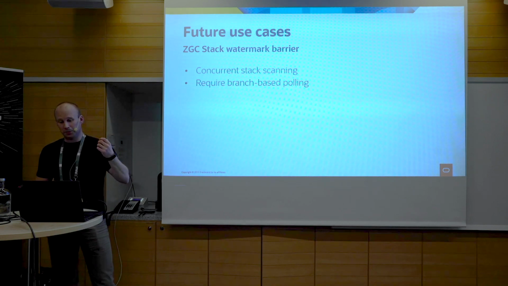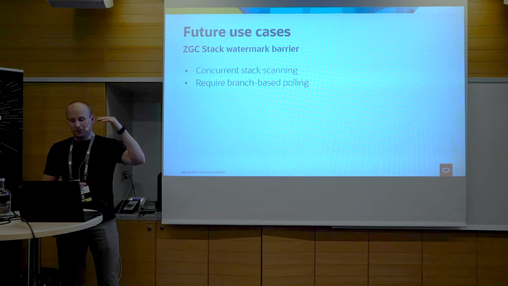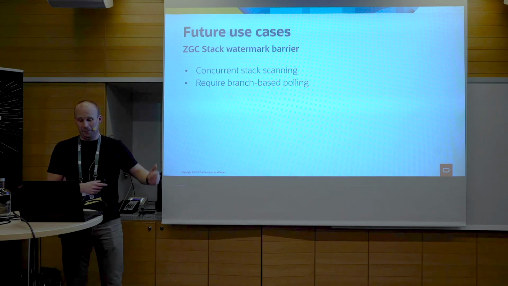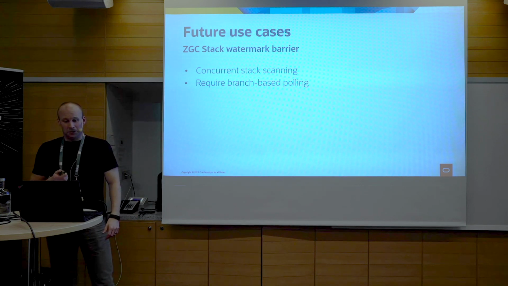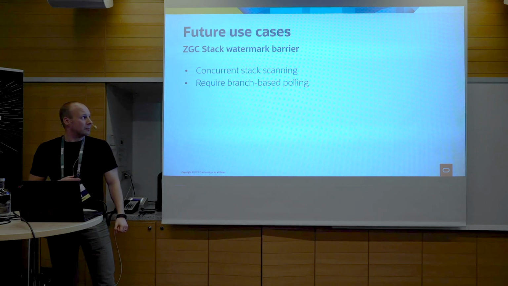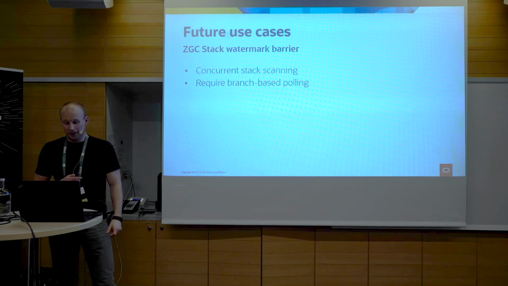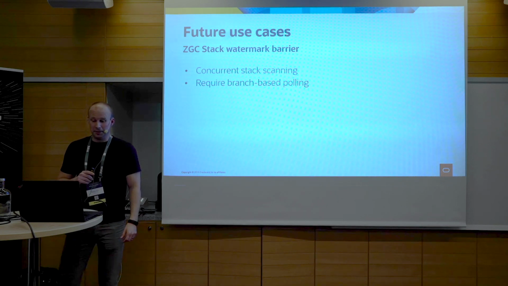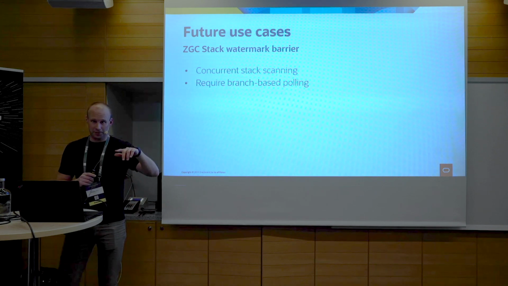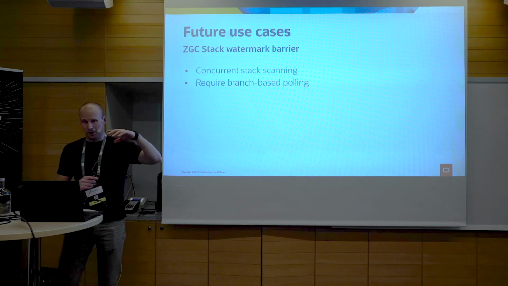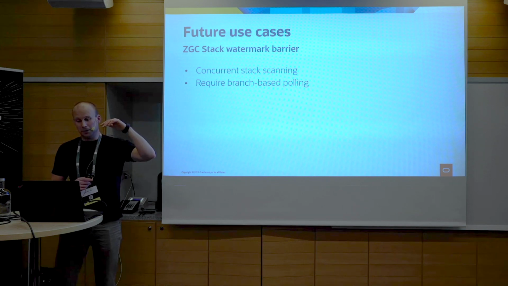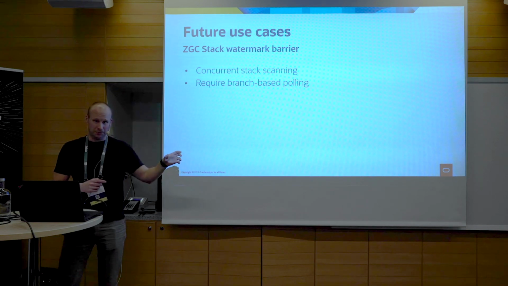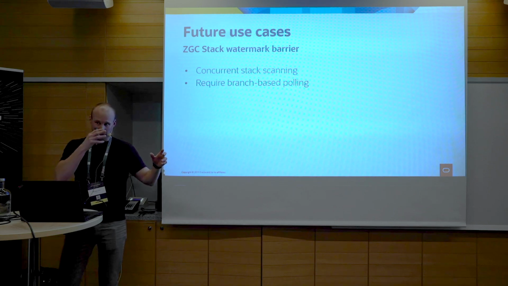But we need a way to stop the thread from accessing the part that we are looking at the same time. So this will require branch-based polling, we think, or we're pretty sure. So every time we return from a method, we would check where in the stack we are. If we try to go under the watermark, we will stop because we have a concurrent GC thread working on that part.